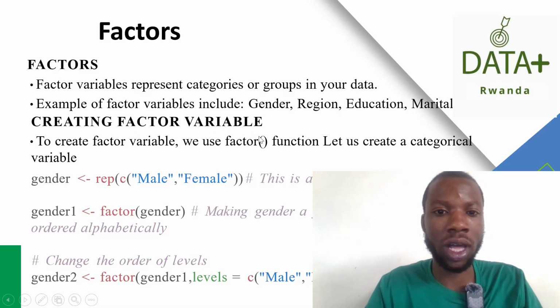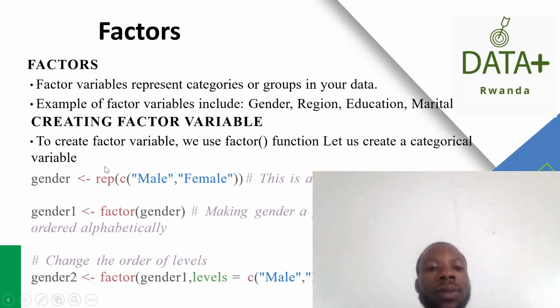If we are creating a factor on a variable, we use the factor function. Let's create gender, because we cannot calculate the factor without having categorical variables.